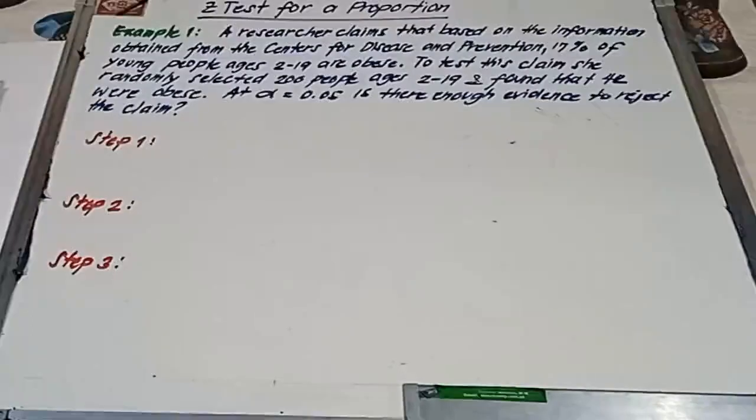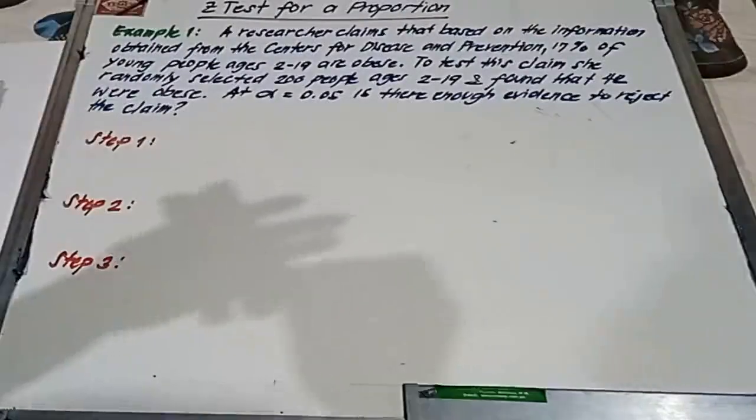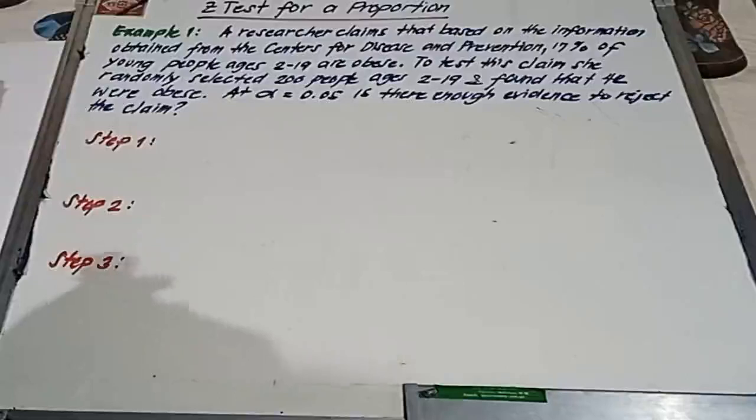Now, since yung ating assumptions ay na-satisfy, we can now proceed on our hypothesis testing, this ating example number 1. And for step 1, we're going to state the hypothesis and identify the claim. So, ang ating null hypothesis is there is no difference.